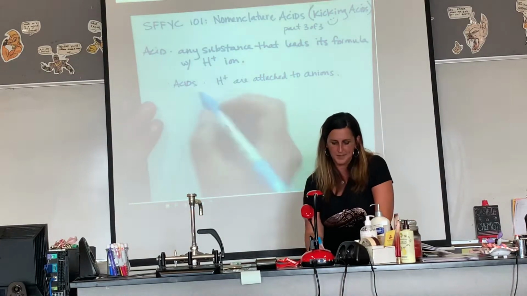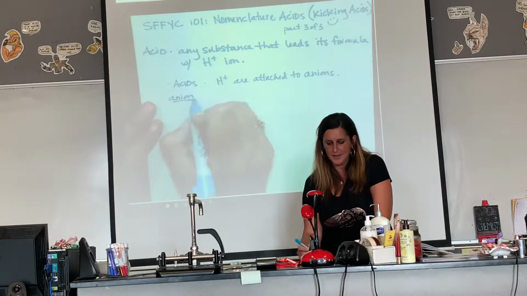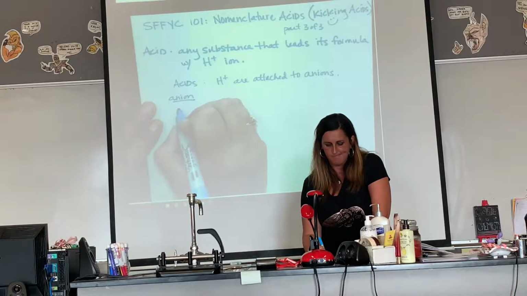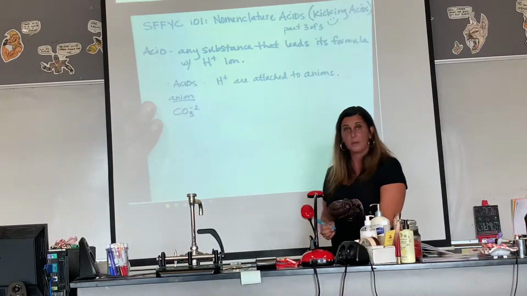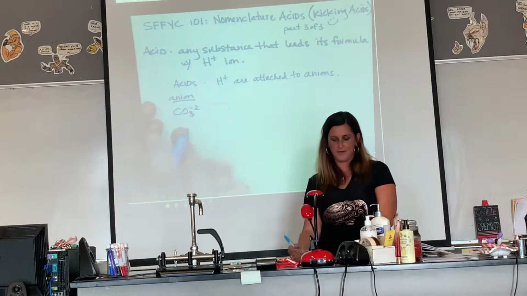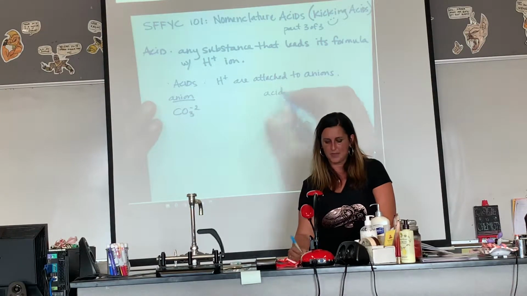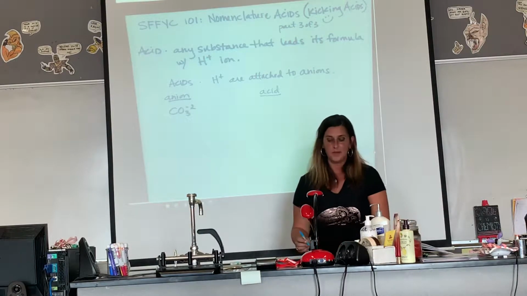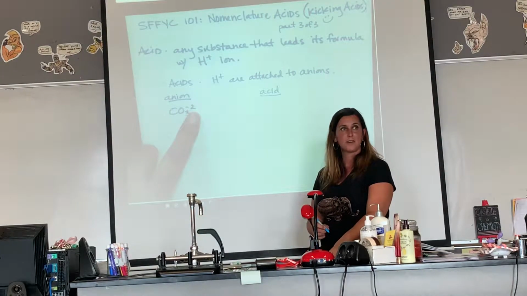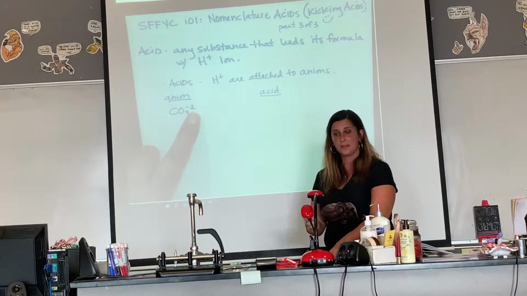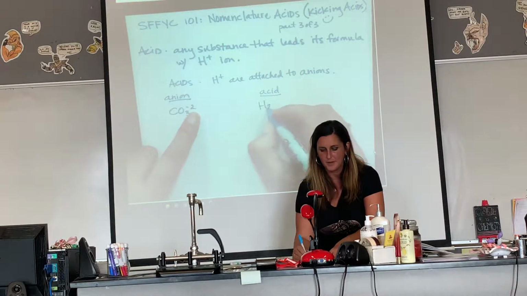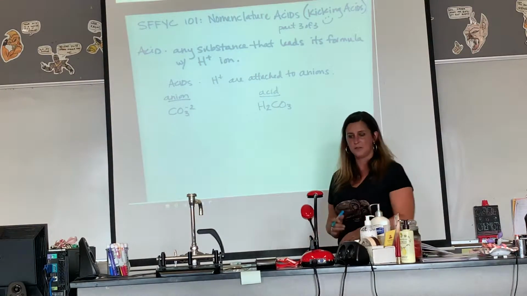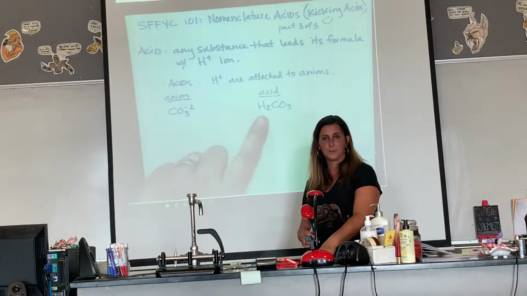For instance, if I was looking at the anion carbonate, and I was asked for the acid formula, since this is a -2 charge, I would add 2 hydrogens to the beginning. So it would be H2CO3 with no charge, because the hydrogen balances it out.